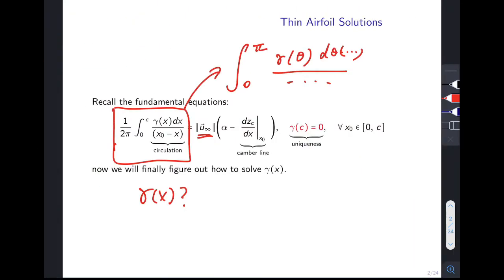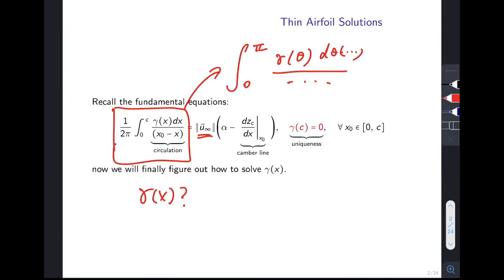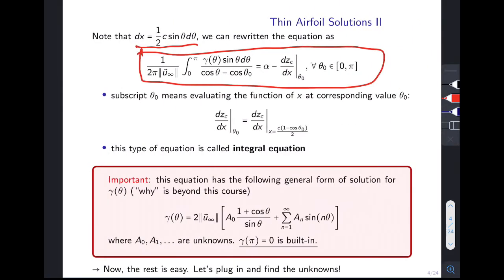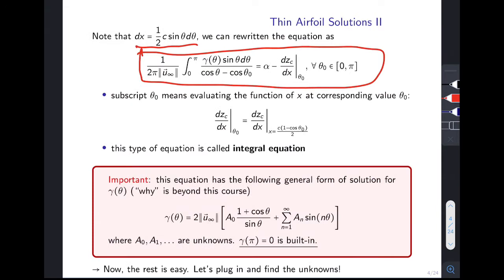Basically what happened is you just need to notice that x naught is 1 over 2 c times 1 minus cosine theta naught, and x has a corresponding relation with cosine. If you compute equation 1 minus equation 2, the only thing left is cosine theta minus cosine theta naught.